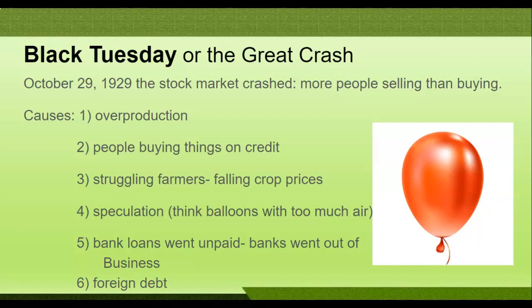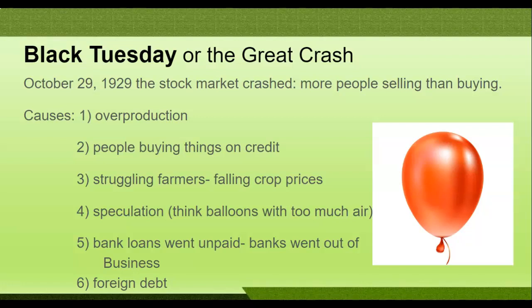And so this means that maybe they have to lay off people or fire people, which then means that people can't buy food and they can't support themselves. So overproduction is a bad thing. In an economy, factories only should produce enough that people will buy. They don't want to produce too much.